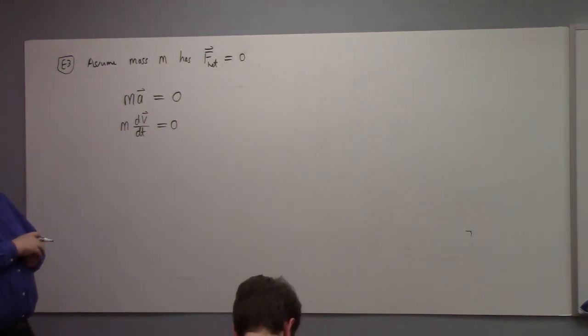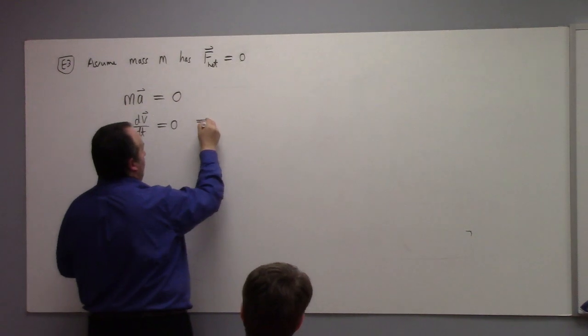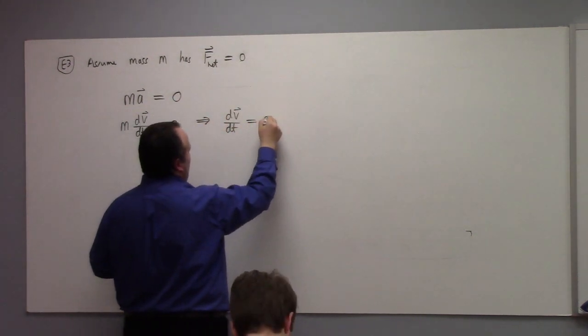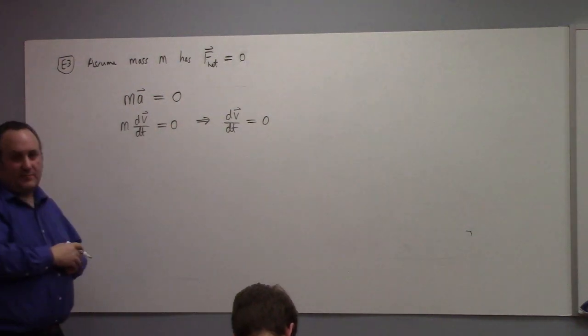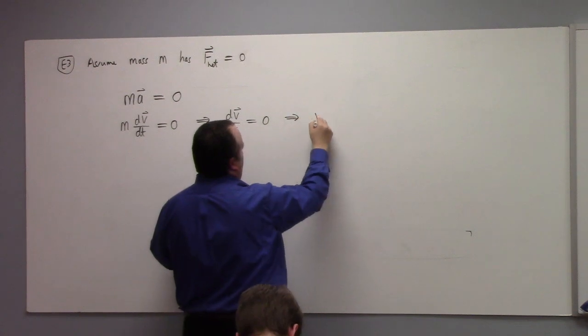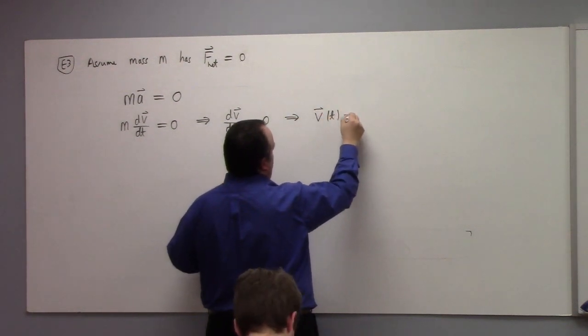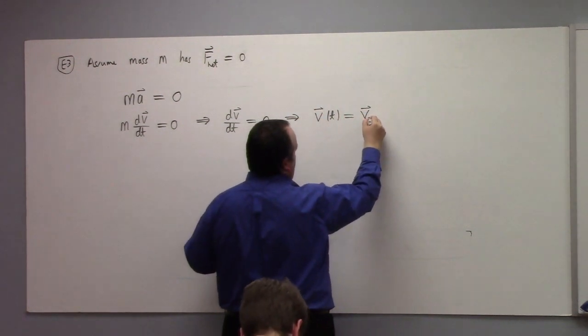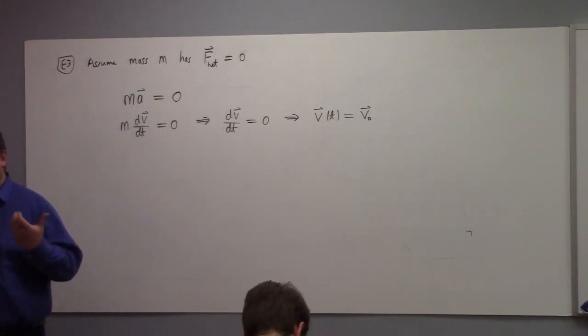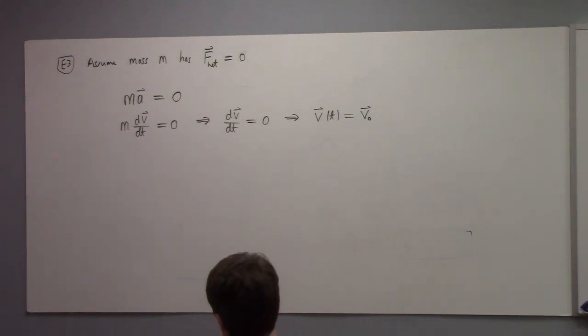Now, if m is non-zero, what's this tell us? dv/dt must be 0, right? And we can integrate that. What does it say? The velocity at time t is equal to the initial velocity, right? To say that the time rate of change of the velocity is 0 is to say that the velocity is constant, right?